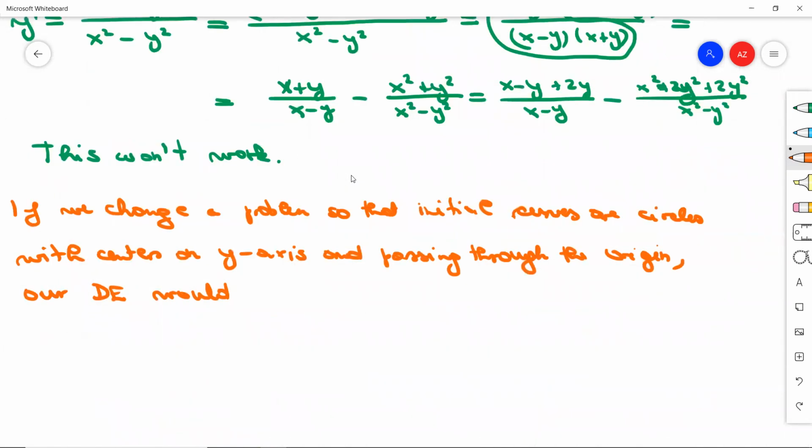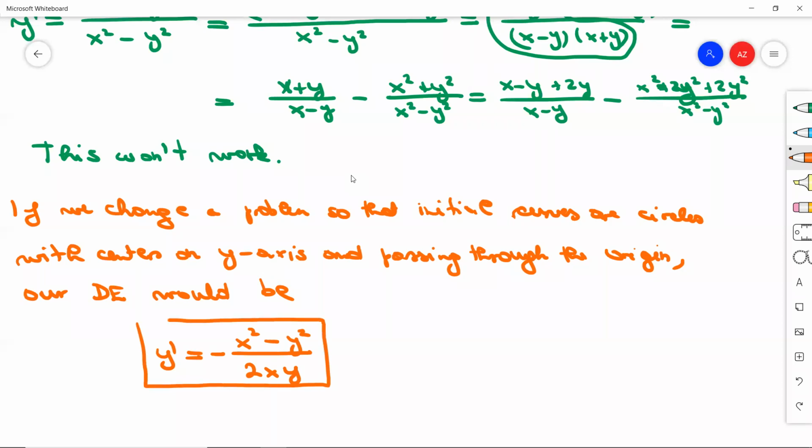So our DE would be y prime is x squared minus y squared over 2xy, with minus here. And this is what I wanted to get at the end.